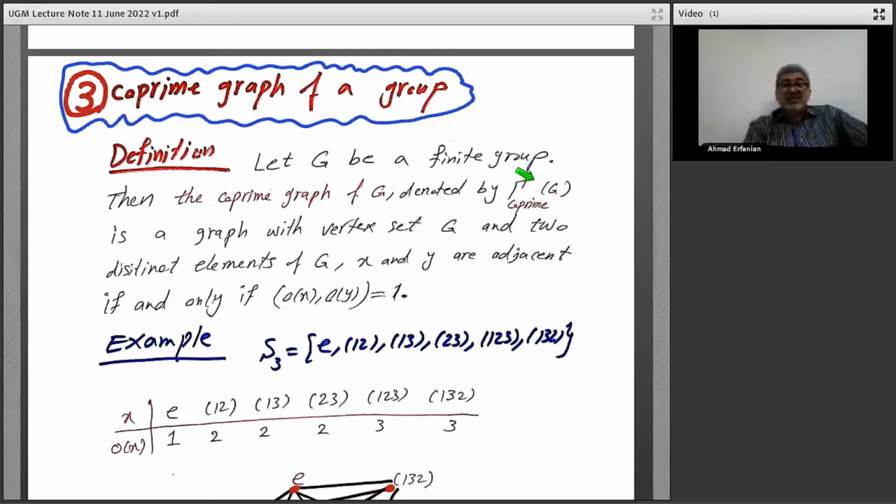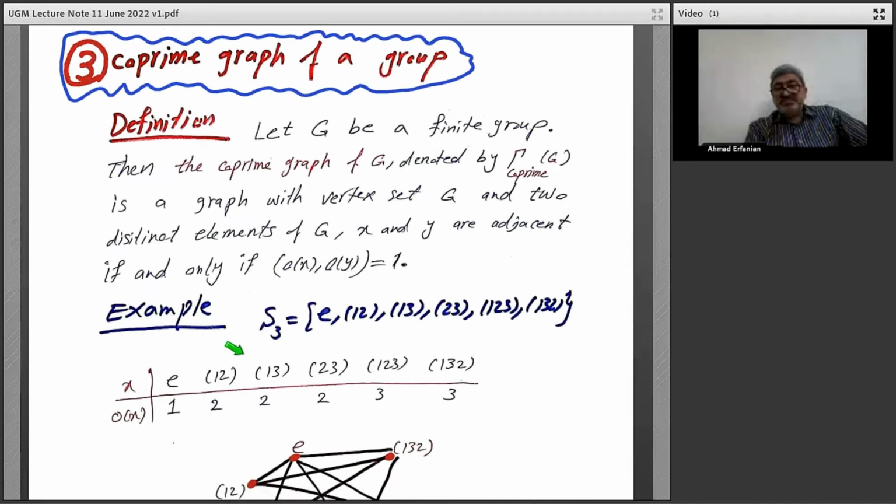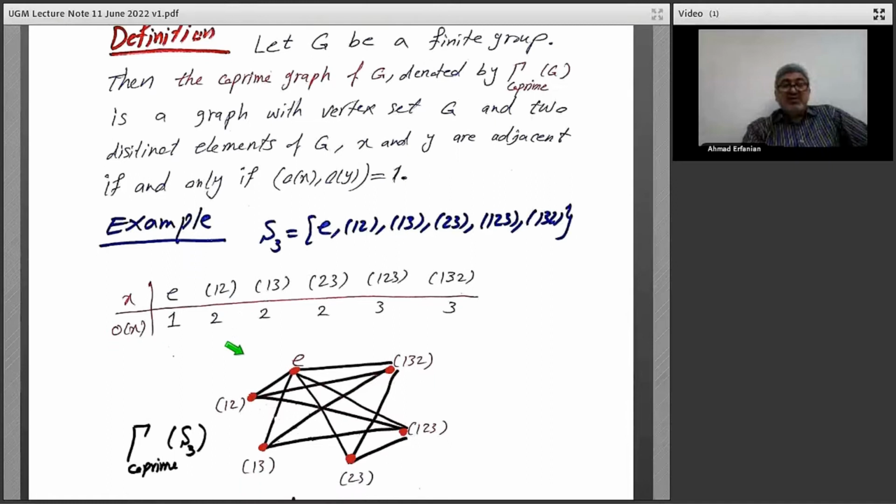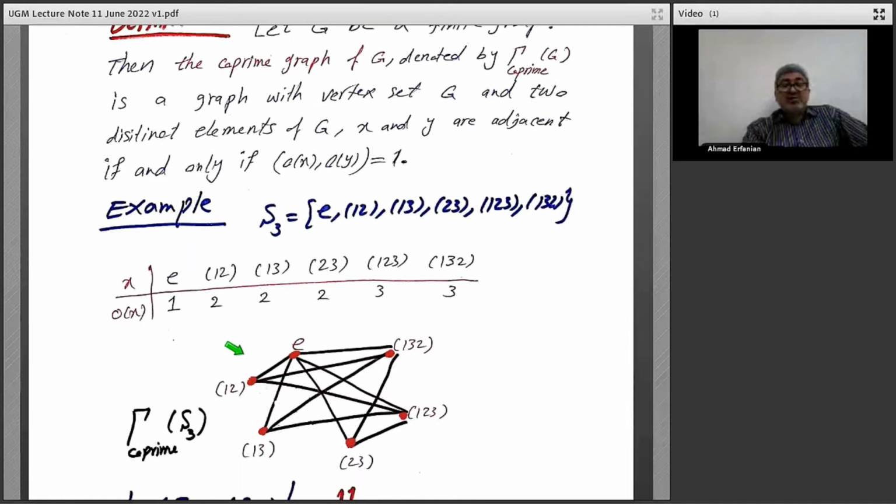The vertex set is all elements of G, and two vertices X and Y are adjacent if the order of X and the order of Y are co-prime. Right? It's a little bit similar to the co-prime degree.